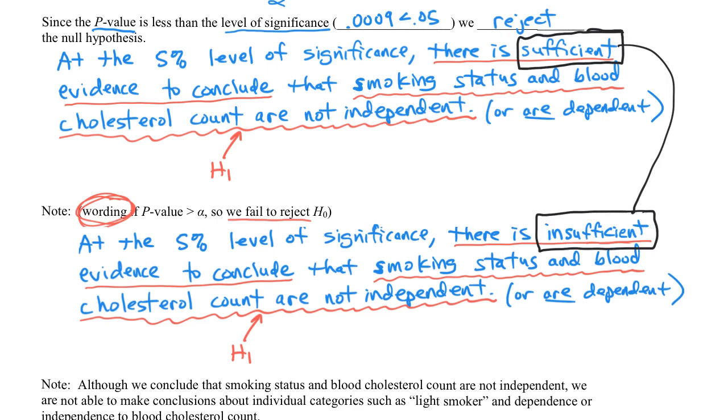Again, it's only because our book typically phrases all the conclusions in terms of H1. So this is wording you can use on pretty much all of these problems. Whether you reject, you'd use something like this; fail to reject, use something like this. But the question is always about independence.